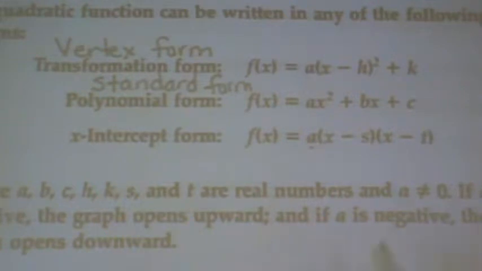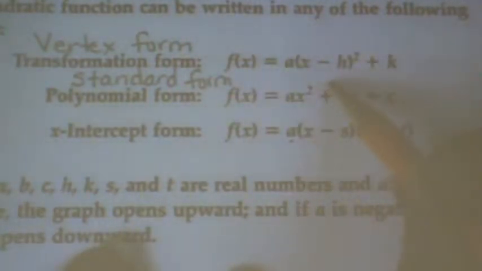And that's self-explanatory. So what we're going to do today is analyze each of these forms and how to get all the stuff that you need out of them to graph them completely. Sketch a nice complete graph. Each one of them specializes in something.